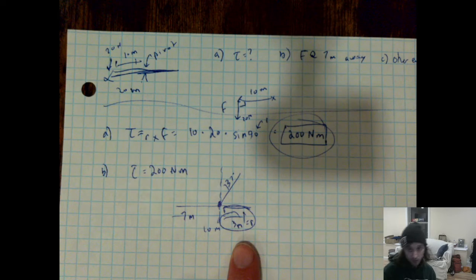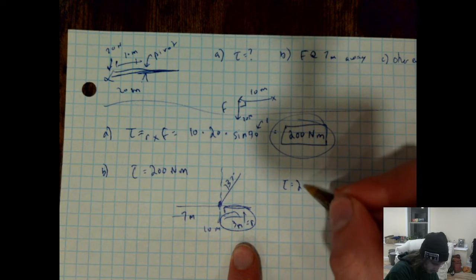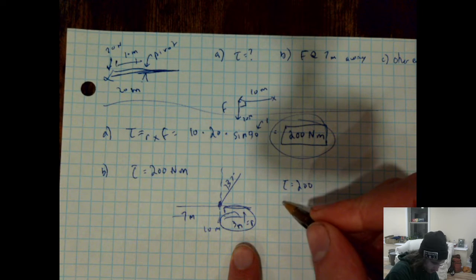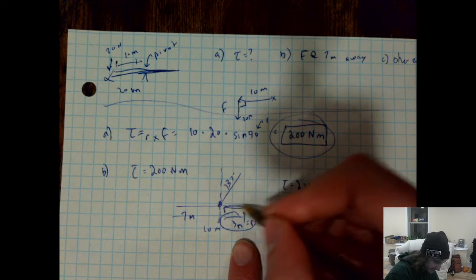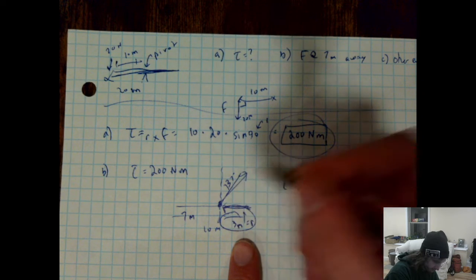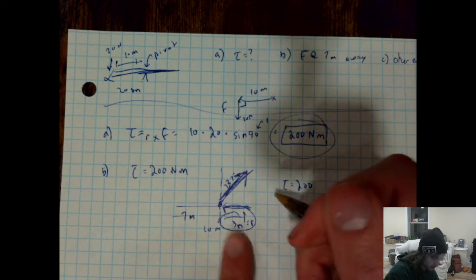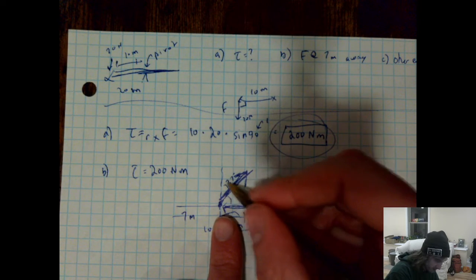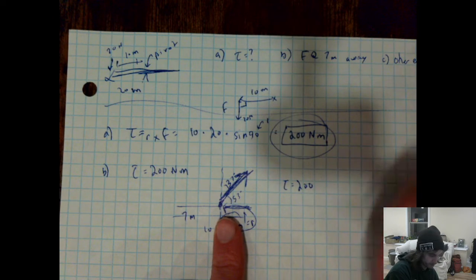So this was kind of me trying to make everything a little bit annoying. Our torque is 200. Our R is 3, but our theta needs to be the theta between our force and our moment arm, which is not 37, it's 53.